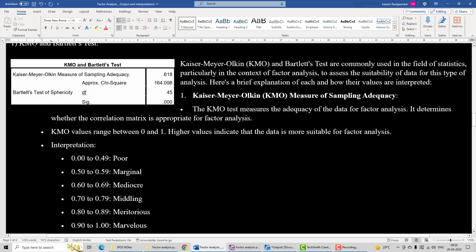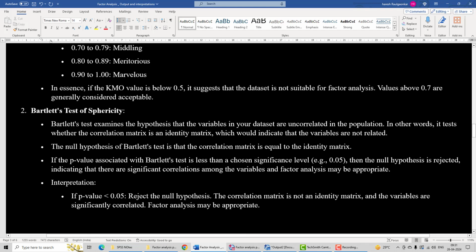But normally if you get more than 0.8 then it is meritorious or marvelous. But since it's fabricated data, we can go ahead with this. The Bartlett's test of sphericity significance level is 0.000.